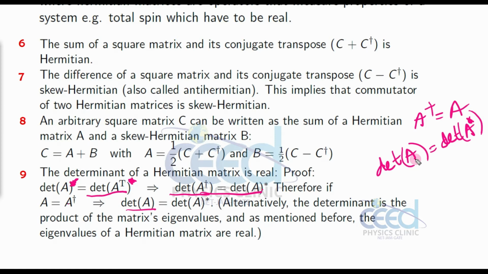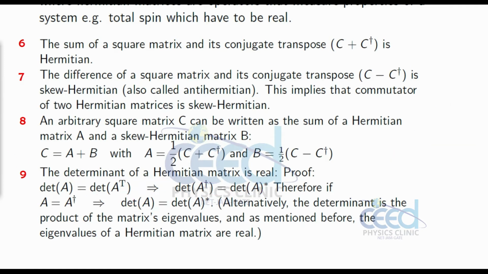As it is real, the determinant of this matrix is real. No element of this matrix is complex, so determinant A is equal to determinant A conjugate, right? So its determinant should be real. So that's all about this proof.